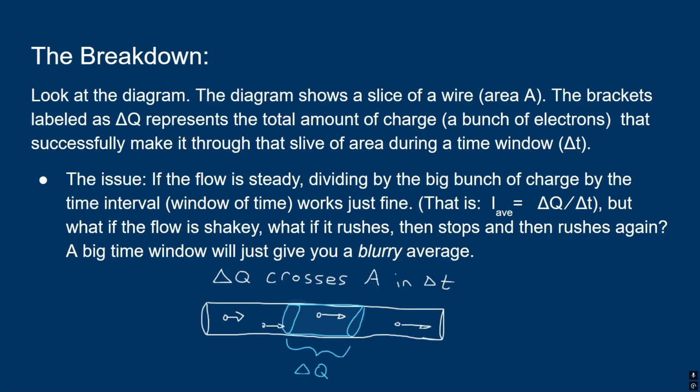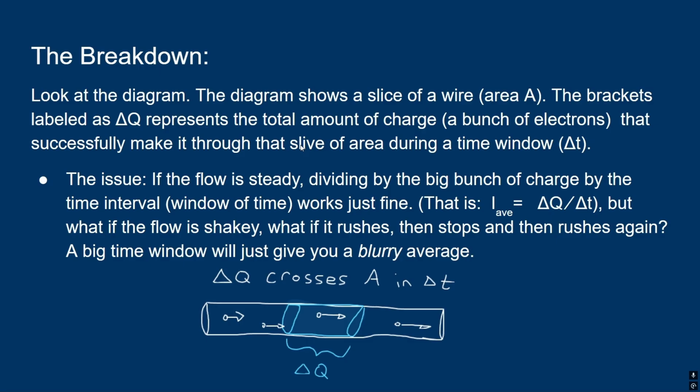The diagram shows a slice of a wire and an area A. The brackets labeled delta Q represent the total amount of charge, which is a bunch of electrons, that successfully make it through that sliver of an area during a time window delta t. There's a typo here, forgive me. Pretend there's an R there.